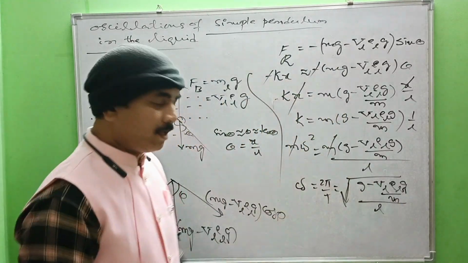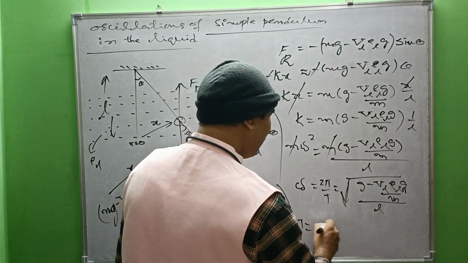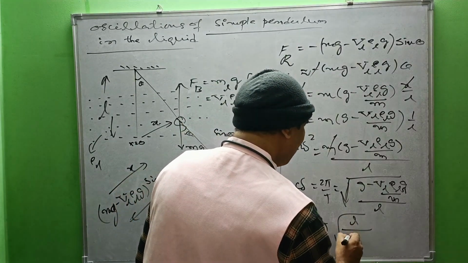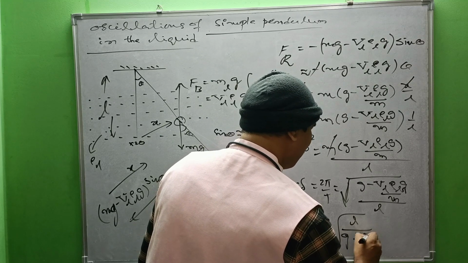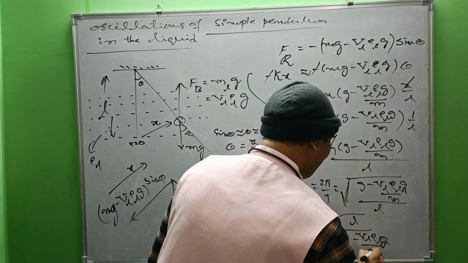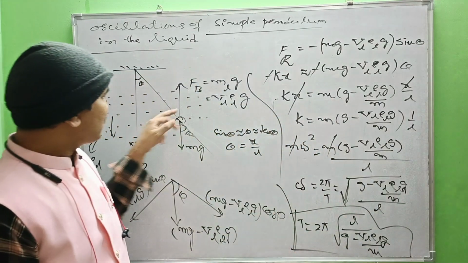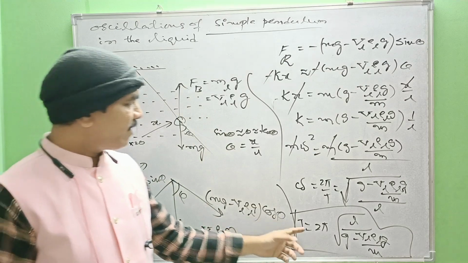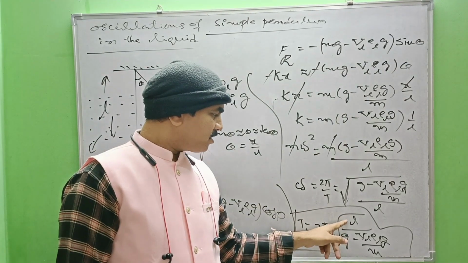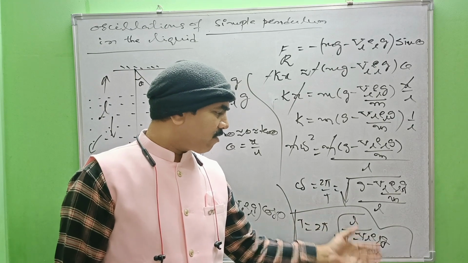Now what is T? Period of oscillation. T equal to 2 pi into root over L by g minus VLρ_L g by m. So this is the ultimate expression. That is, the period of oscillation of a pendulum inside a liquid column is given by 2 pi root over, it's not L by g, but root over L by g minus VLρ_L g by m.